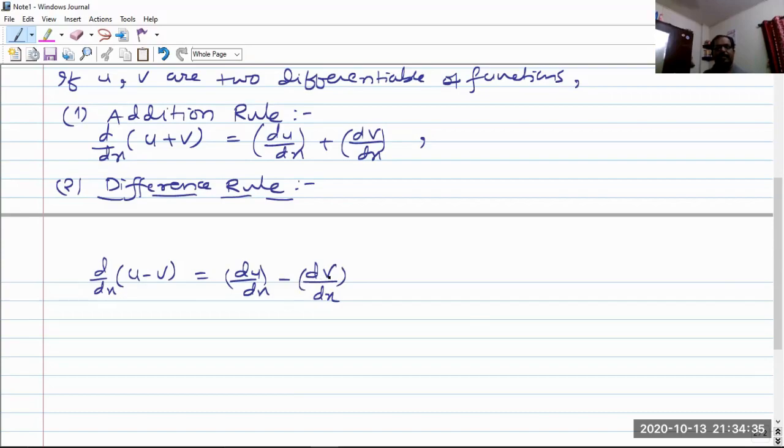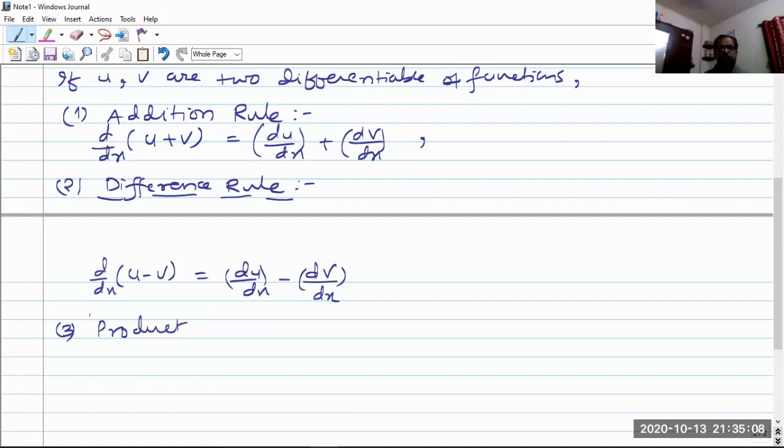Whenever there is a difference of two functions and you are asked to find the derivative, these rules can be applied for more than two functions also. So d by dx of u minus v is equal to du by dx minus dv by dx, right? This is the second rule. What is the third rule? The third rule is a very important rule. We call it the product rule.